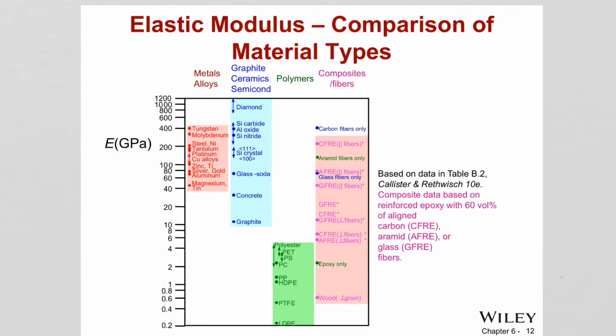The molybdenum follows it, steel, platinum, copper, and you can see tin and magnesium are the ones that have the lowest modulus. That means they are easy to deform, like aluminum, right? Aluminum is easy to deform. You can easily deform an aluminum foil and aluminum bar.